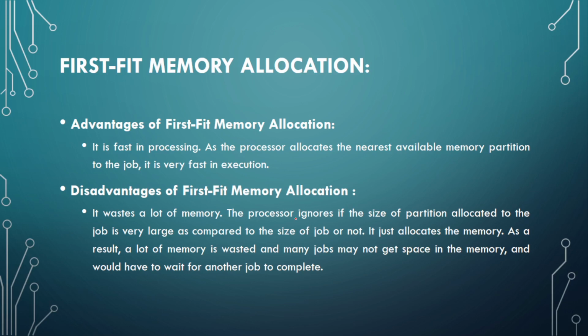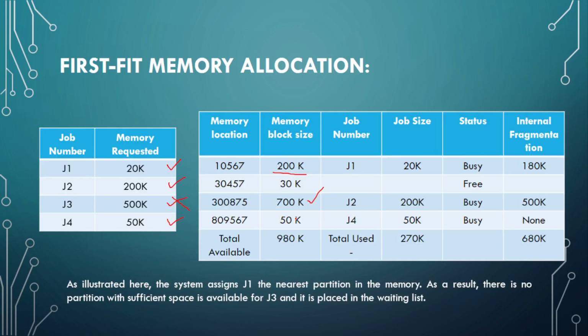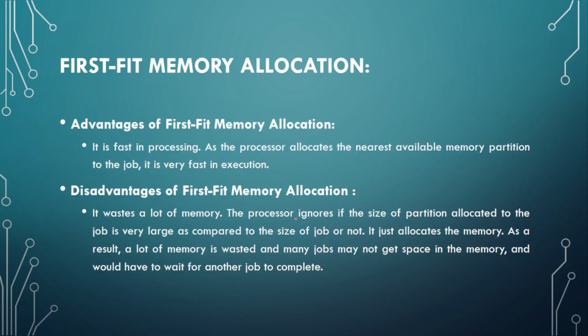As we have already seen, the internal fragmentation here is 680 kilobytes. The processor ignores whether the size of the partition allocated to the job is very large compared to the size of the job. It just allocates the memory. As a result, a lot of memory is wasted and many jobs may not get space in the memory and would have to wait for another job to complete.